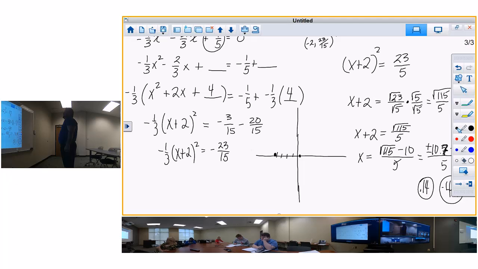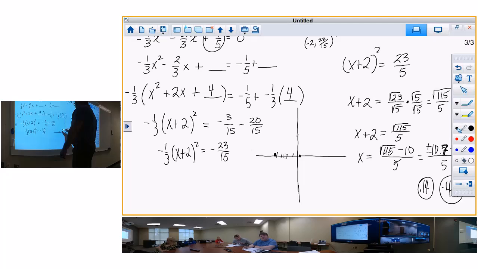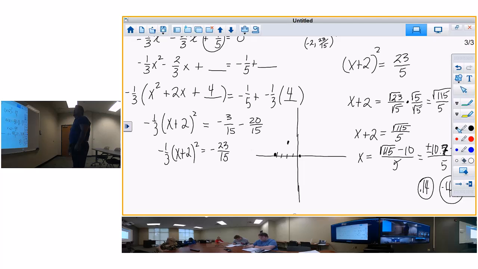Negative 2 and 15 will go into 23, what? 1.5. Somebody check that for me. Negative 2, 1.5. Something like that, a little bit lower.